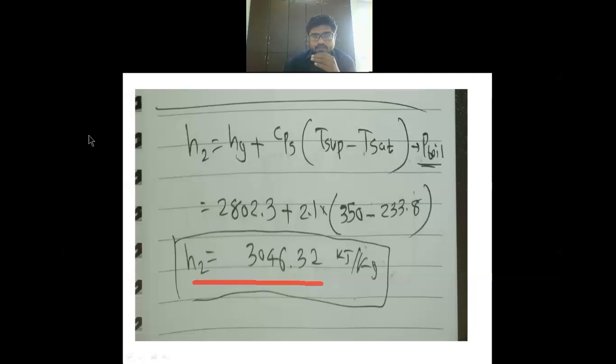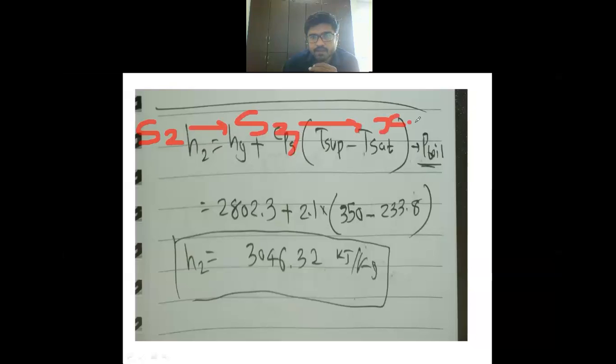Now for h3, the procedure is lengthy. As I told you in the last lecture also, you have to first find out s2, then find out s3, then find out x3, and after x3 you have to find out h3. So this is the procedure to find out h3.